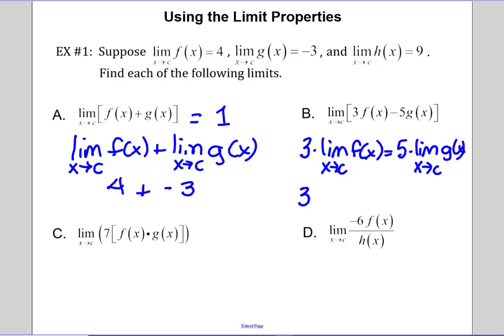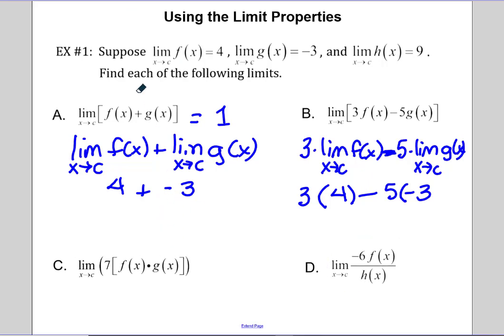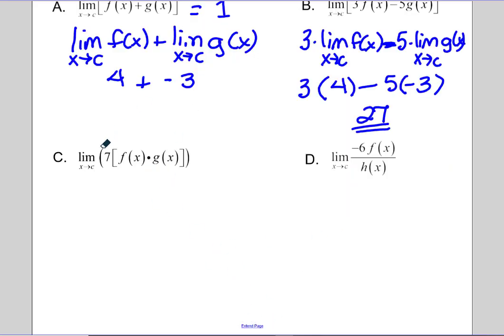So we have that constant 3 times the limit of f minus 5 times the limit of g, and that should be a minus there. And that's looking like 12 plus 15. So 12 plus 15 is 27. So our limit of that difference is the difference of the limits, and that happens to be 27.